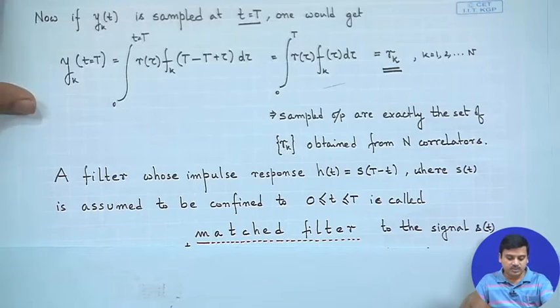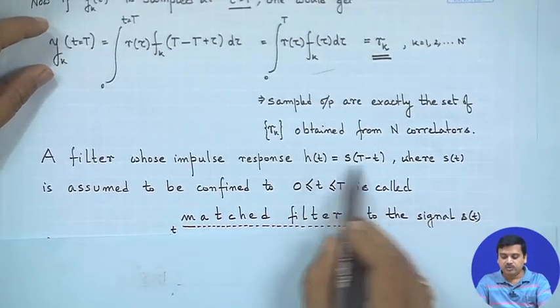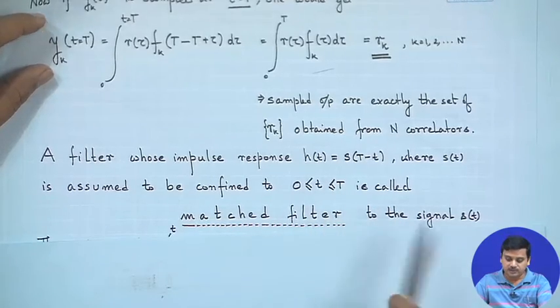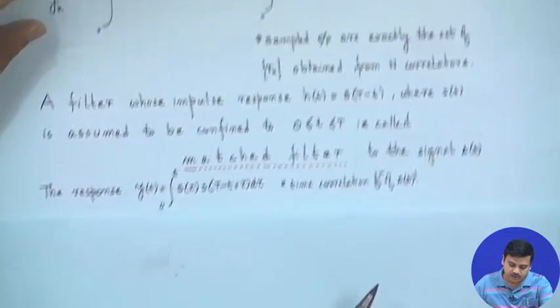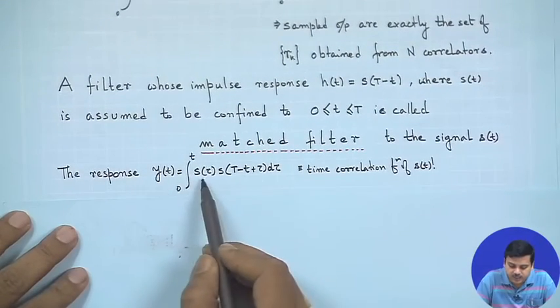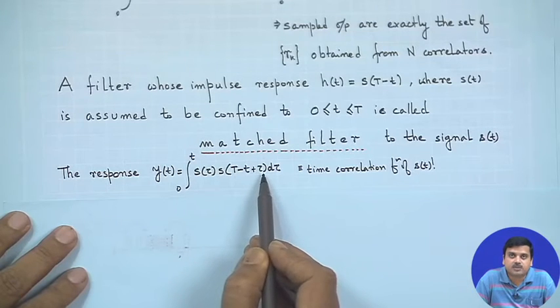So, this is by definition what is called a matched filter. So, you have the input signal and the coefficient is just the flipped version within the signal interval. For that you would call it the matched filter, and the response is simply s of tau convolved with s of T minus t plus tau.